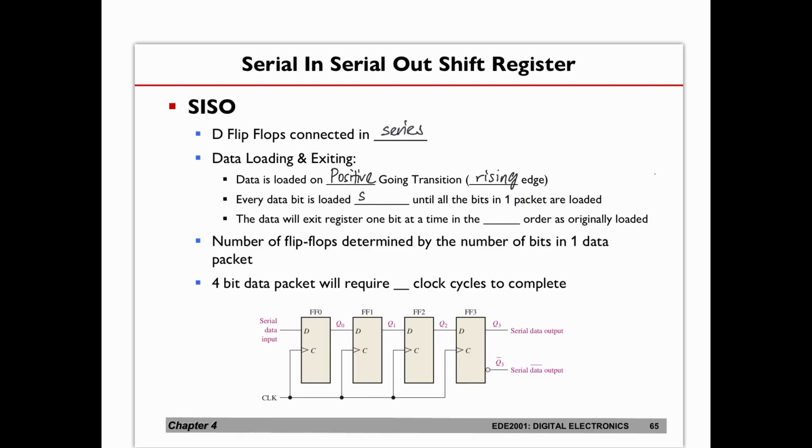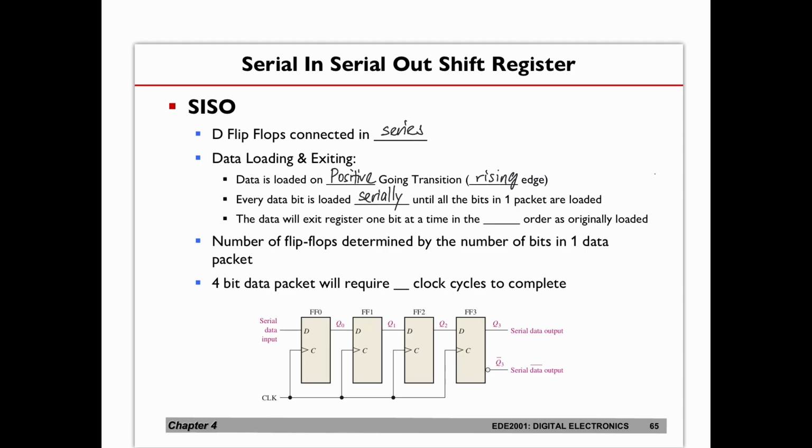Every data bit is loaded serially until all the bits in one packet are loaded. In this case you have 4 flip-flops, so I can store a 4-bit data packet. The number of flip-flops is determined by the number of bits in one data packet, so for a 4-bit data packet, you will have 4 D flip-flops.